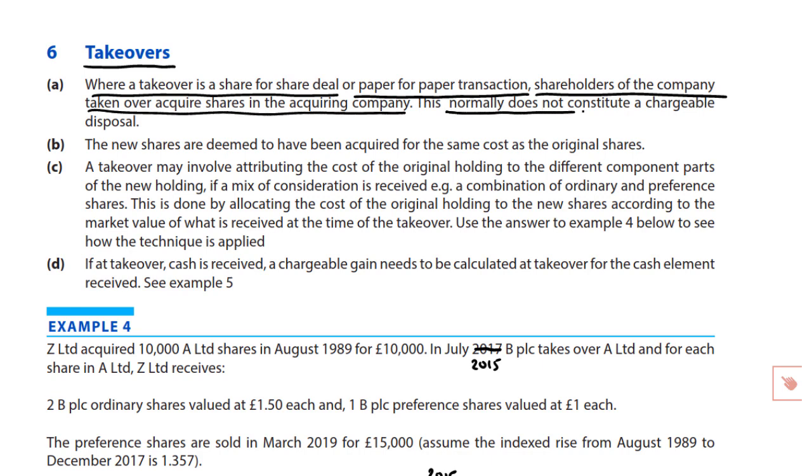Well, this normally does not constitute a chargeable disposal. We get what we know as share-for-share relief. So what it means is, if you exchange your shares, bits of paper held in one company, for shares, other bits of paper, in another company, the takeover company here, then no gain has crystallized. There's no cash. You've just swapped bits of paper. It's a share-for-share transfer. That will mean that no gain will crystallize at that point of takeover.